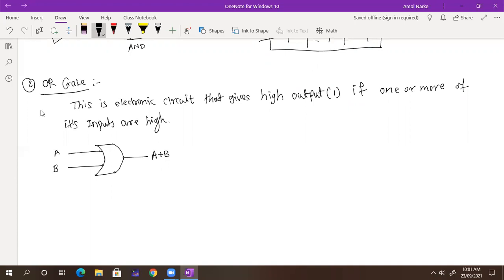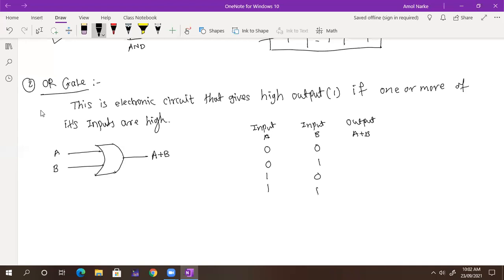Now input and output. Input A, input B, and here the output. The output is denoted by A plus B. All possible combinations: 0 0, 0 1, 1 0, 1 1. I will write down the output: for this we have 0, for this we have 1, for this we have 1, and for this we have 1.